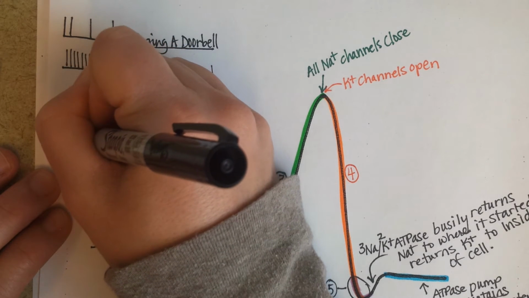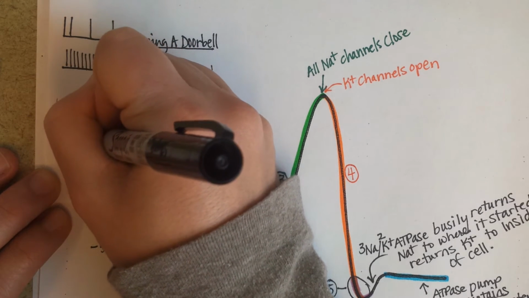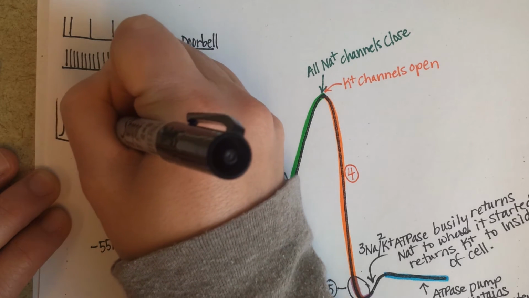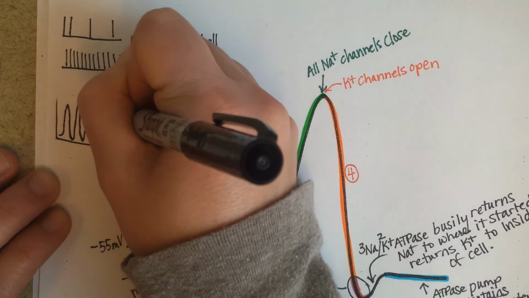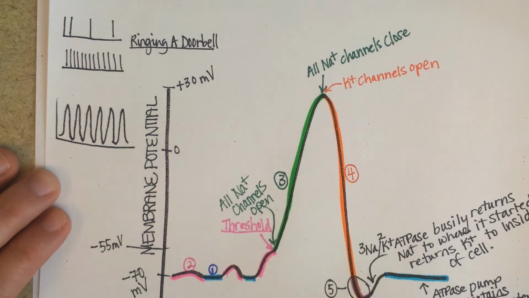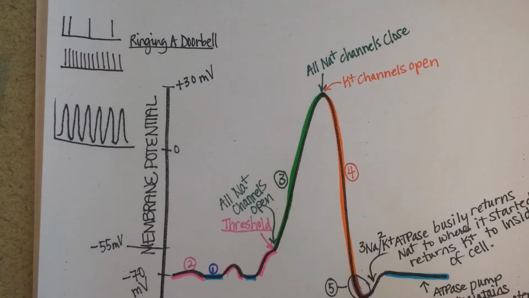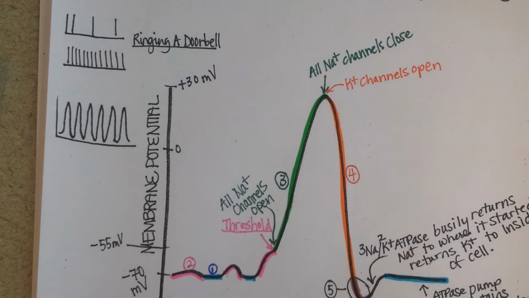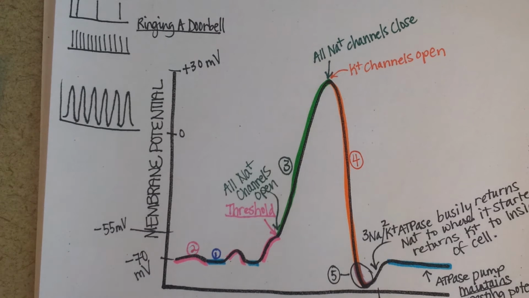Like this would probably be as fast as you could get them going together. So there is something called the absolute refractory period when it doesn't matter how intense the signal wants to be. You can't fire two action potentials at the same time. So there's a limit to that.